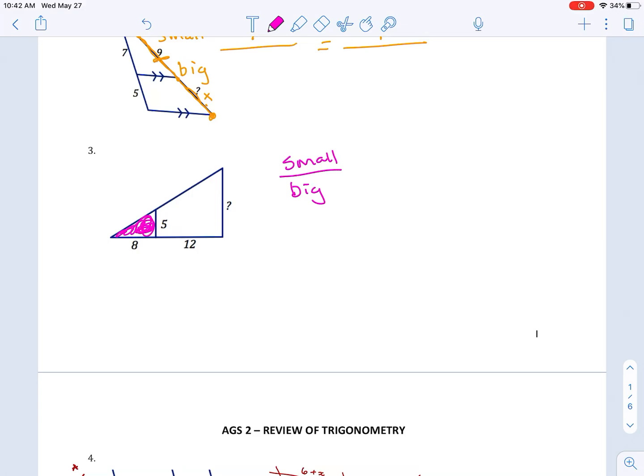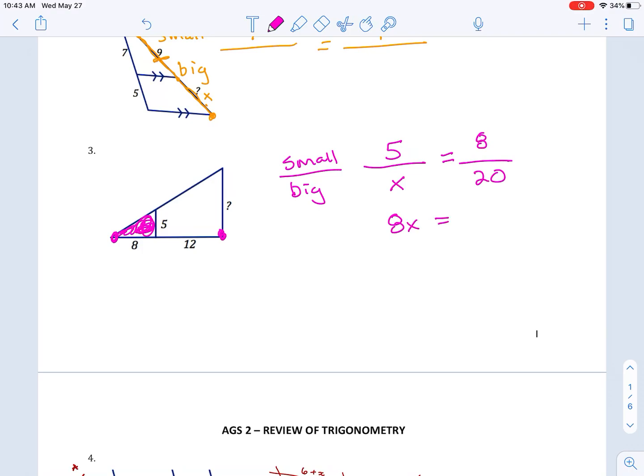So what's a small part of the big triangle? 5, right? I could have started with 5 or 8. What does 5 match up with in the big triangle? It matches up with the question mark. And then I go back to the little triangle and I grab 8. And what's 8 match up to in the big triangle? A lot of people put 12, but remember, the big triangle, the whole side, is the distance between those two dots, which is 20.